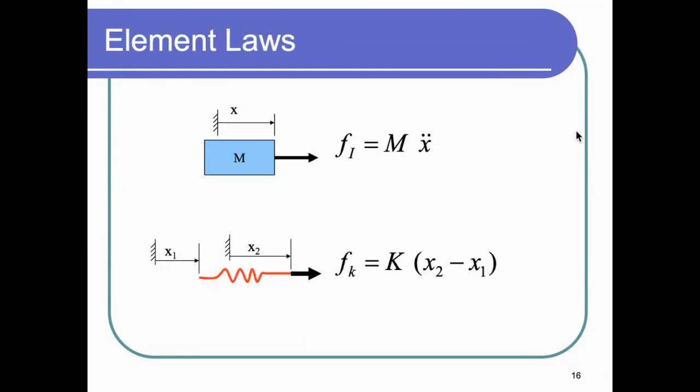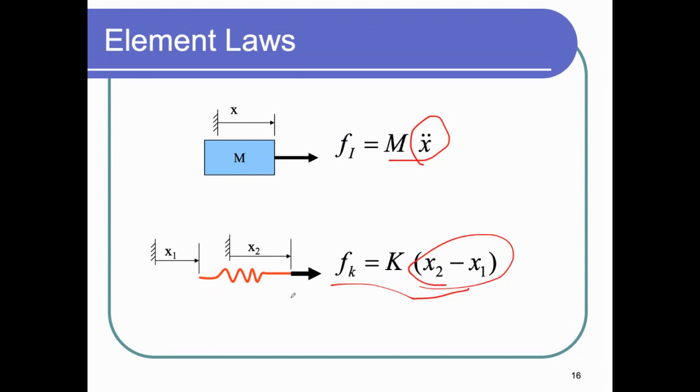So there are forces that correspond to the displacement. For example, the inertial force relates to the acceleration of the system. You have forces that correspond to the displacement, delta x, where x is the displacement.